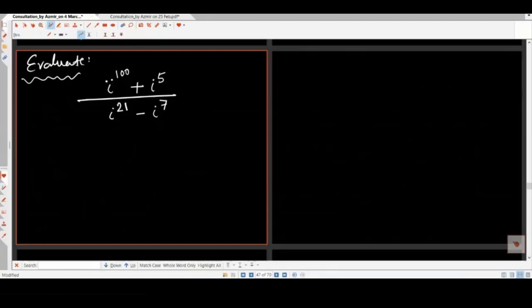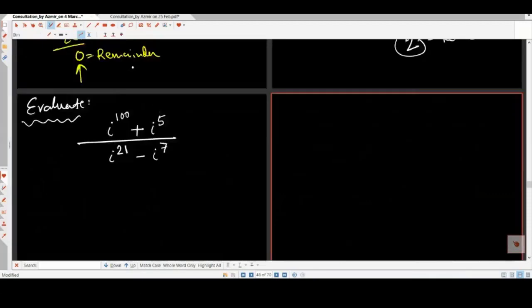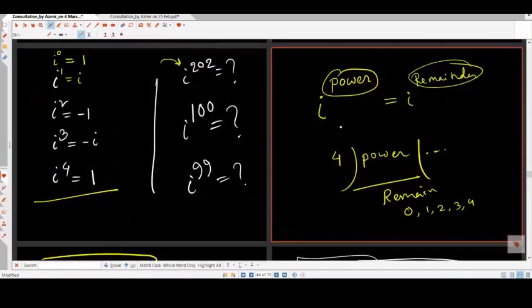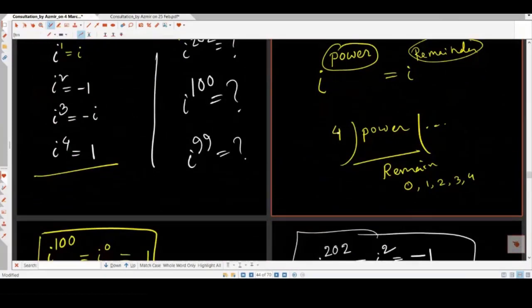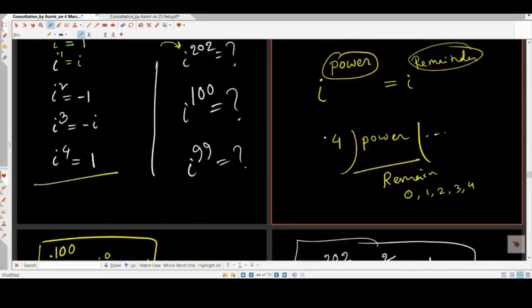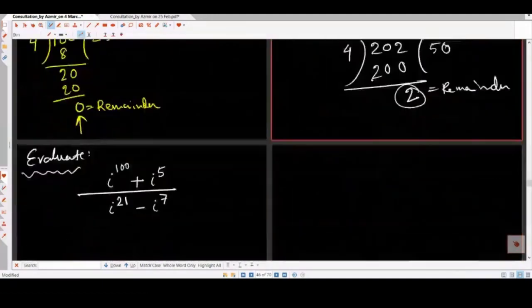In every term, both in the numerator and in the denominator, we have powers of i. How to do the simplification? The process is always the same. We divide the power by 4, and you will get the remainder. Sometimes the remainder may be 0, 1, 2, 3. So i power something is equal to i power remainder.